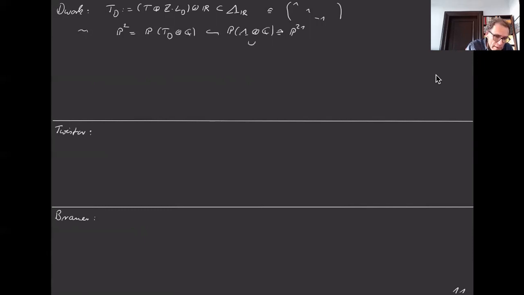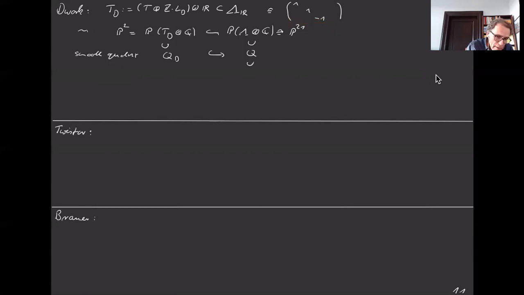And here we had the smooth quadric and its intersection with this plane we call Q_D, the Dwork quadric. So this is still a smooth quadric, because the intersection form here is non-degenerate.